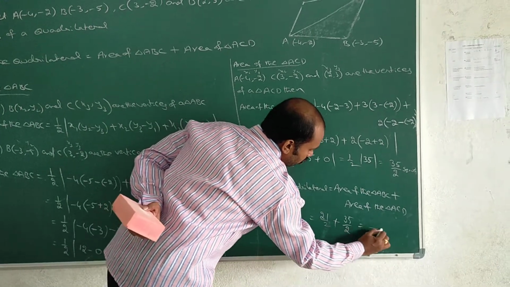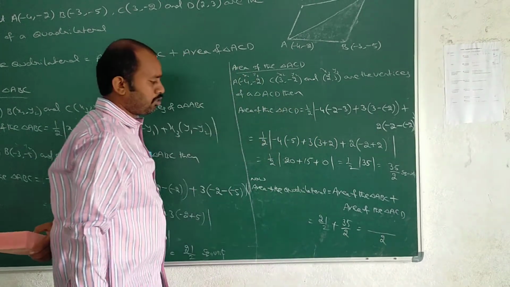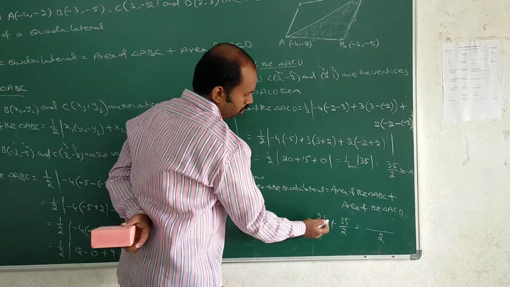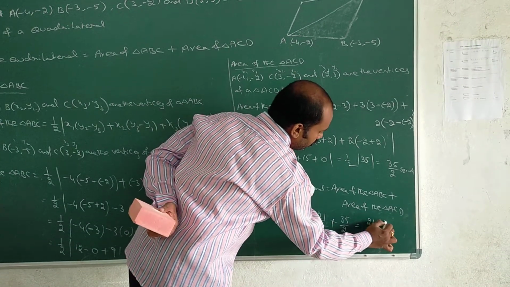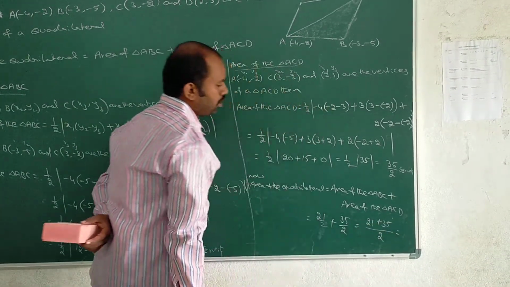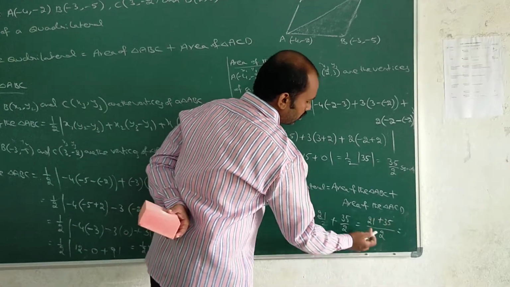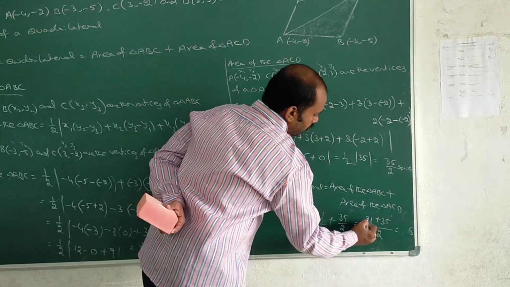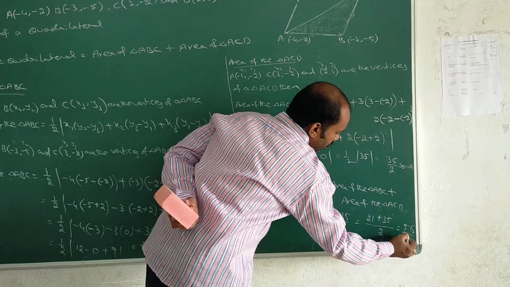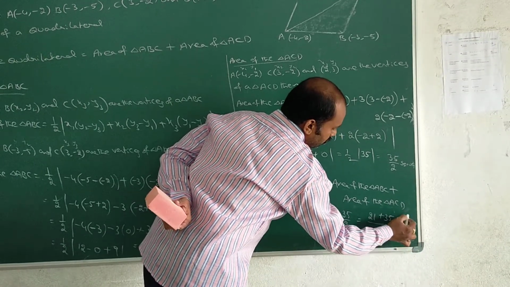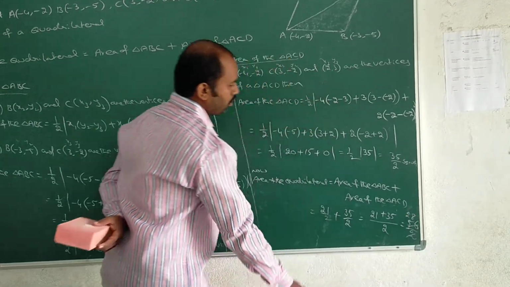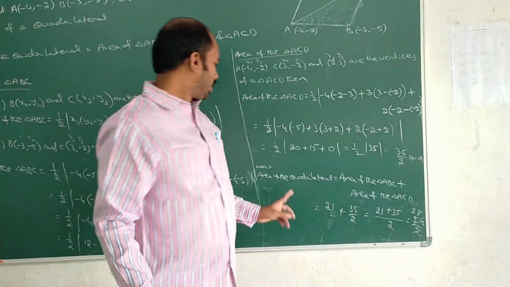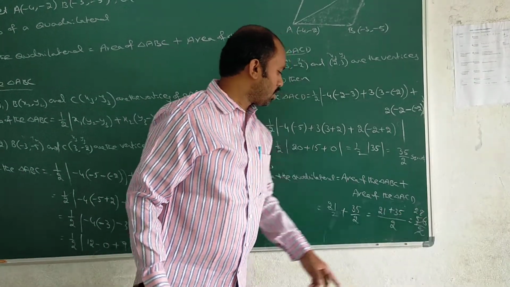Now simplification. 2 is the common denominator, so take 2 as the LCM: 21 plus 35. What do you get? In the numerator, 21 plus 35 means 56, so 56 by 2. 56 by 2 means we get 28. That is the area of the quadrilateral.